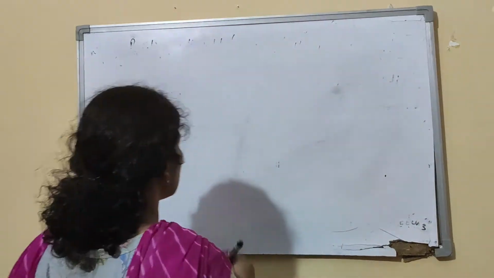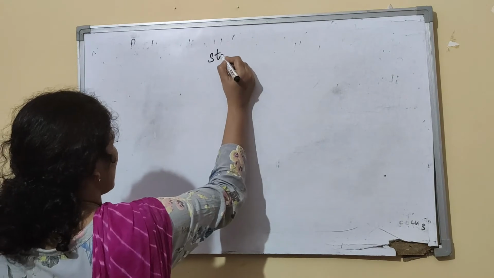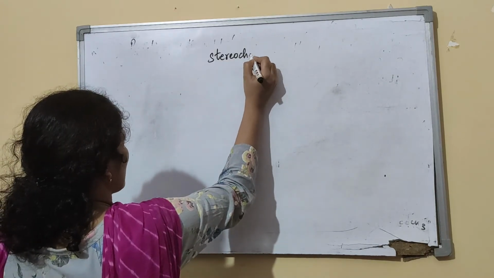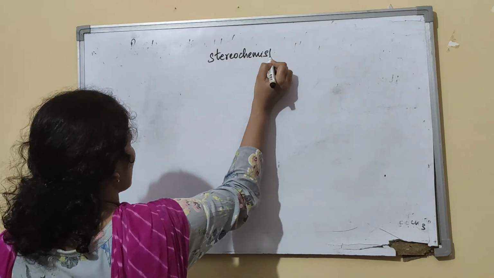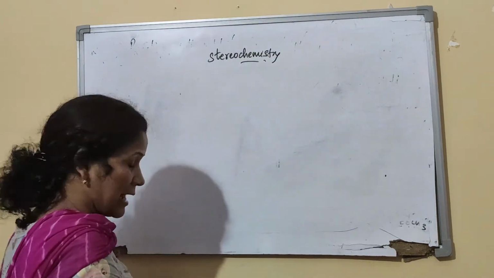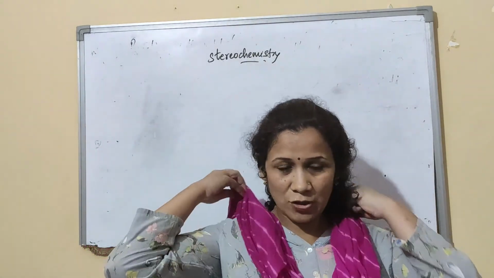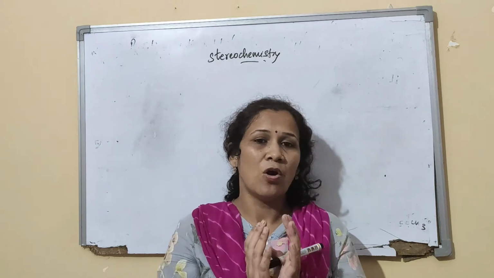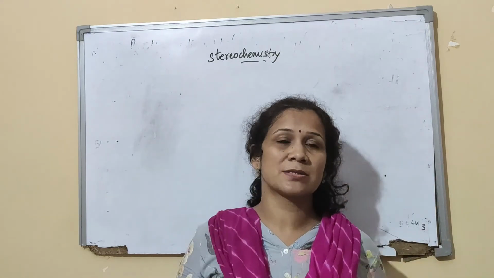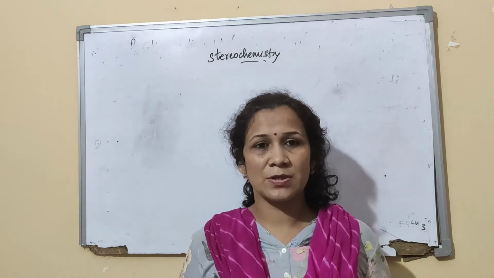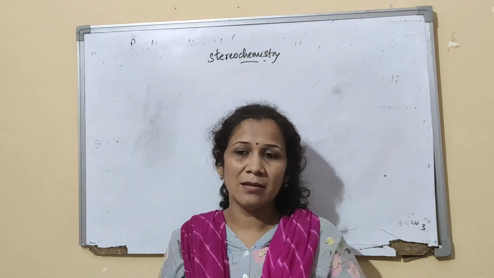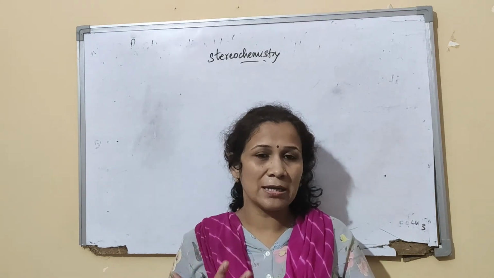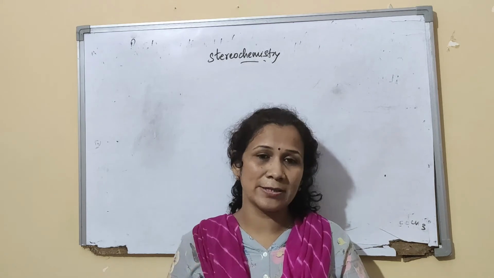So coming to stereochemistry, that is arrangement in space. That is the alignment in three dimensions. We talk about the arrangement of any molecule in space, so that is known as stereochemistry. How do we know that it is a stereoisomer?